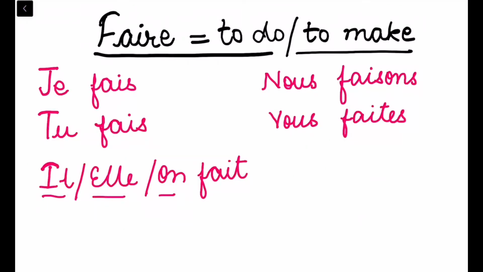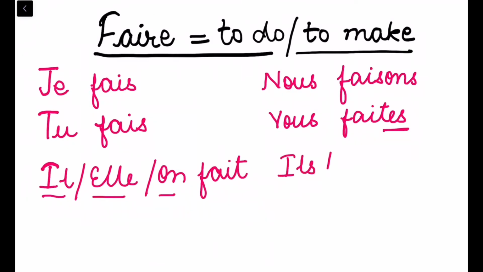Here you need to pay attention because many people learning French write the ending as EZ, because usually with vous, in most of the verbs, the ending is EZ. So here you need to pay a bit of attention. The conjugation is ending in ES here. So the pronunciation becomes vous faites.